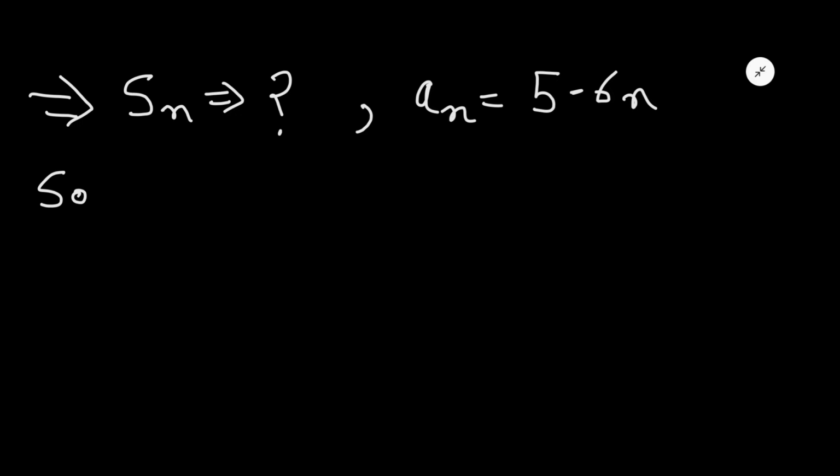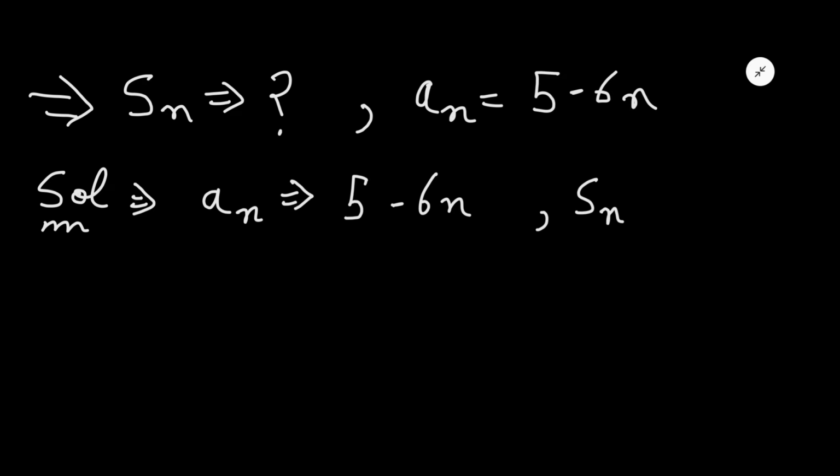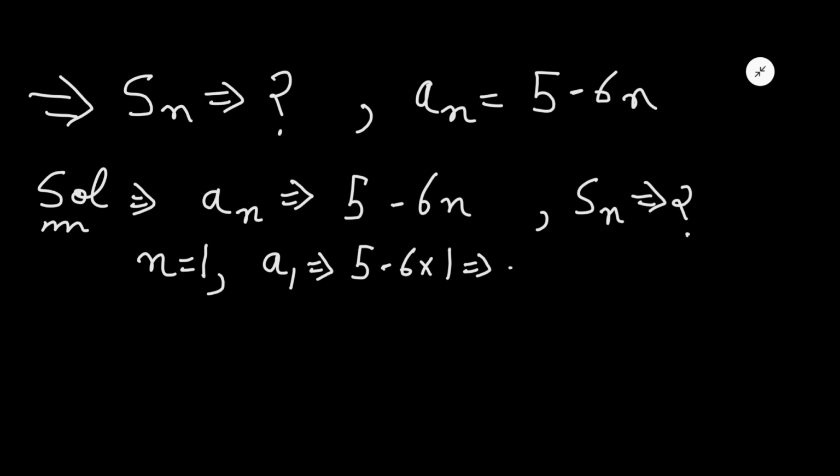So the solution of this problem is: as our nth term is given as 5 minus 6n, in order to find our sum of n terms, we have to find the first term and the common difference. In order to find the first term, we can put n is equal to 1. So a1 is equal to 5 minus 6 into 1, which is equal to minus 1.